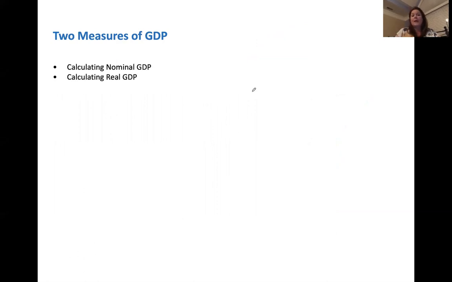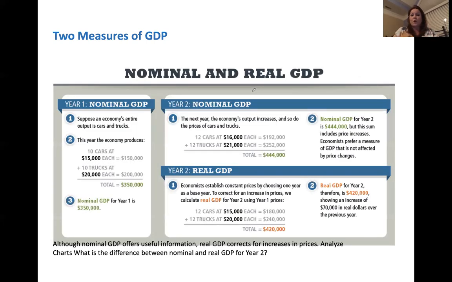So how are we going to calculate nominal GDP versus real? Here's a great example of it. Okay, this is nominal. We have a base year, and this base year will be true for nominal and real. Both of them have to have a base year.